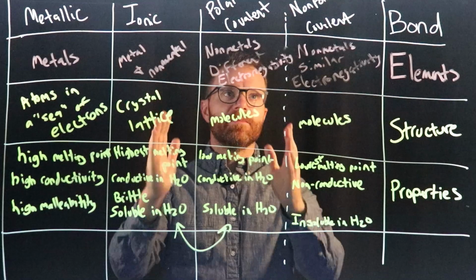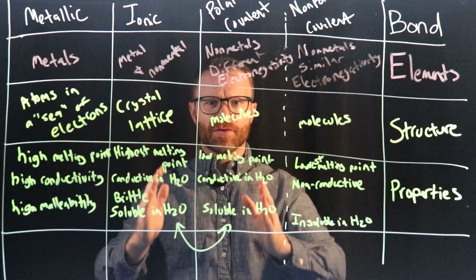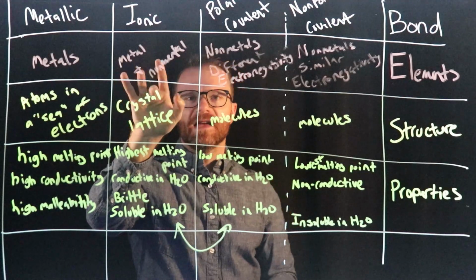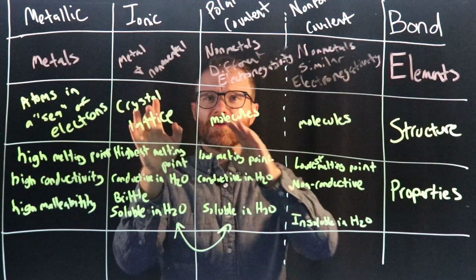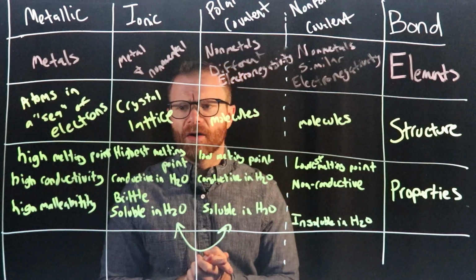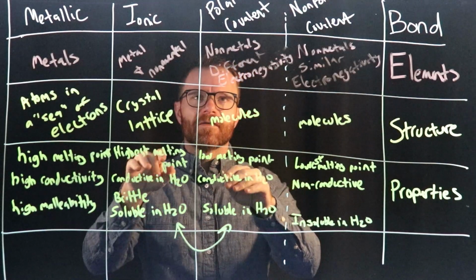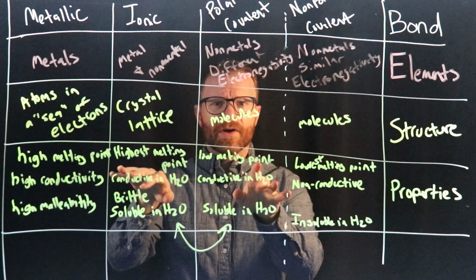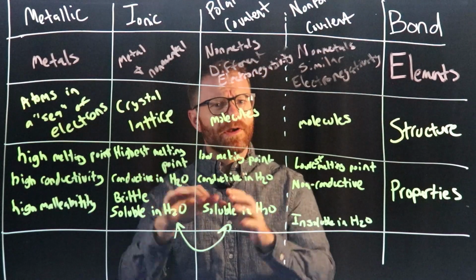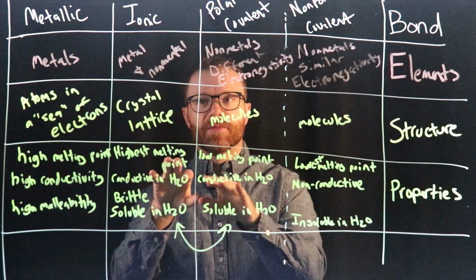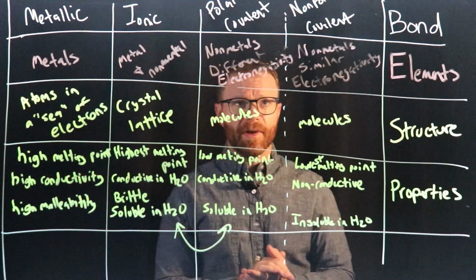As we move into the middle here with ionic compounds and polar covalent compounds, there's some metallic character, but it tends to go away and we're moving more towards nonmetals. And so in that case, we end up with lower melting points, not the lowest, but lower. They're electrically conductive, but only when dissolved in water. And they tend to be a little bit more brittle than these really malleable metals.